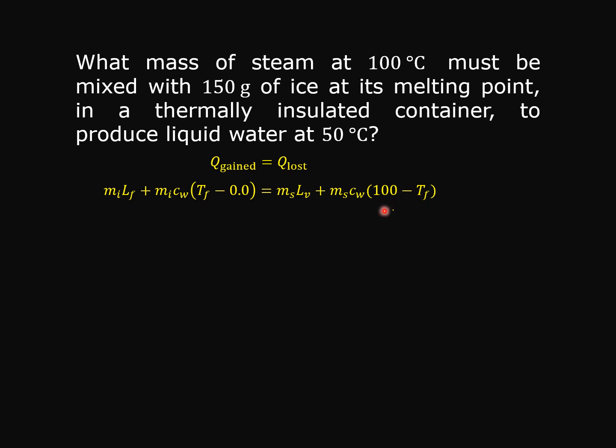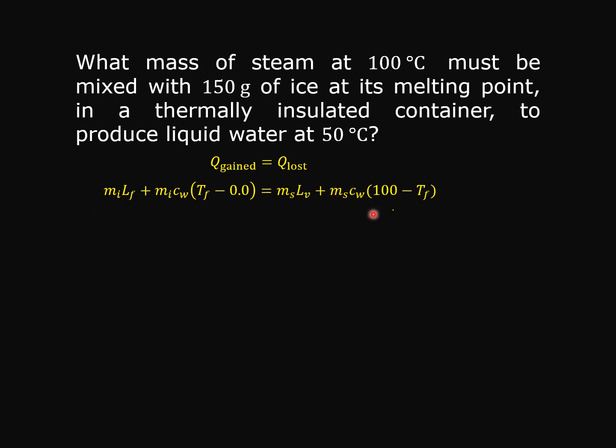Since this part of the water will reduce its temperature from 100 degrees C to 50 degrees C, this one is the total amount of heat released when the temperature drops from 100 degrees C to 50 degrees C. cw again is the specific heat capacity for the water, and this ms is the mass of the water produced from the steam after the condensation.